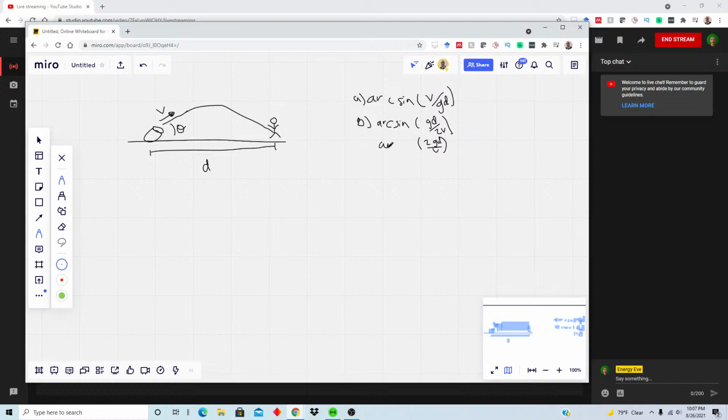D is one half arc sine of gd over v squared. And E is arc sine of gd over v squared.